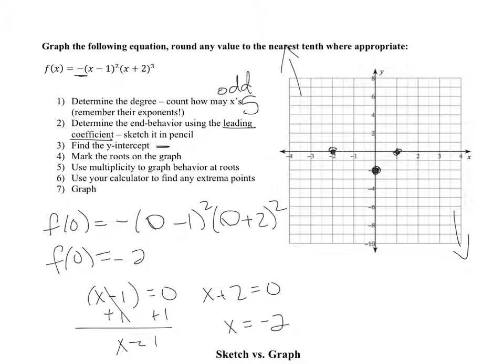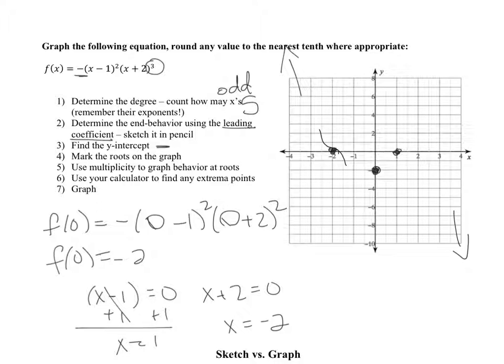Then use multiplicity to graph the behavior at the roots. At -2, the multiplicity is cubed, so it cuts through. It has to come from the top and cut through. So I'm just going to do that.